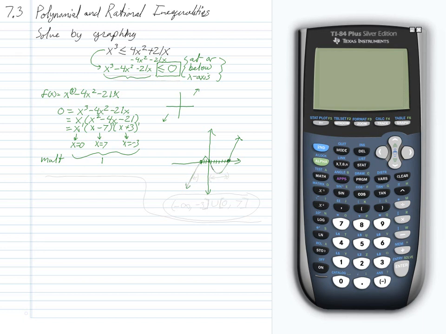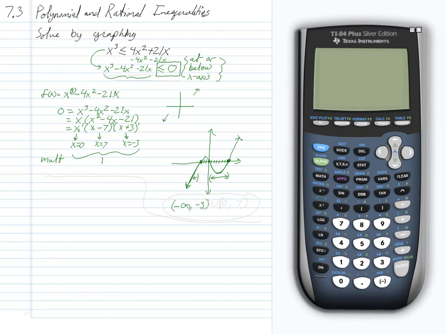as is the piece of the graph between 0 and 7, and the piece of the graph to the left of negative 3. So if I put that in interval notation, I would say negative infinity up to negative 3.